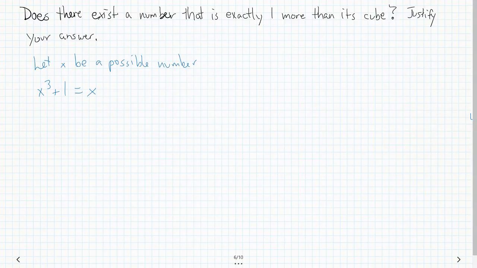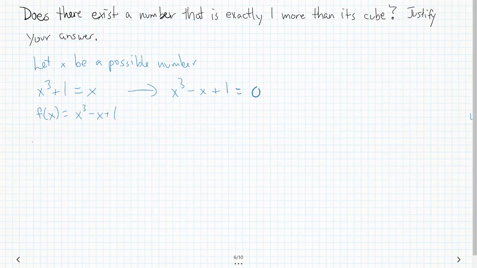So first off, let's consider the function f of x. Notice from this we can write x cubed minus x plus 1 equals 0 as an equivalent statement. So let's let f of x be x cubed minus x plus 1, right?